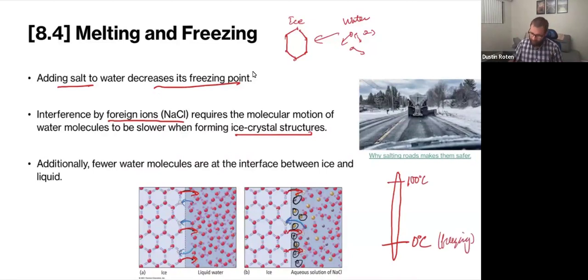Essentially what we're doing is taking this line and moving it down to maybe -5 degrees Celsius. So we're making the water stay water a little bit longer, a little bit colder. That's the whole idea behind slinging salt out on the roads. And plus, it gives you some extra traction because the salt crystals are crunchy.